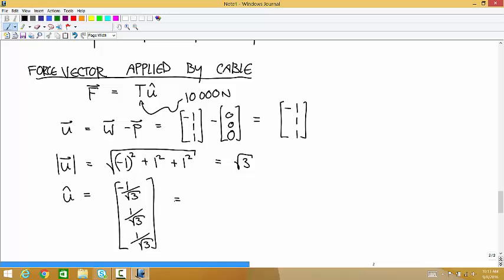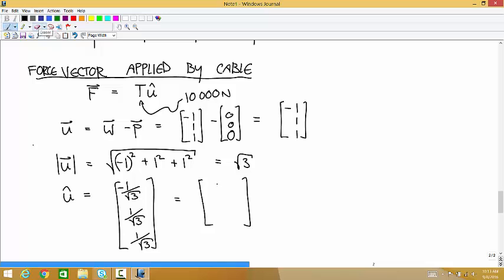And in decimals, that is negative 5773, positive 5773, positive 5773. No, that doesn't make any sense. These are decimals. You cannot have a unit vector with components in the thousands.